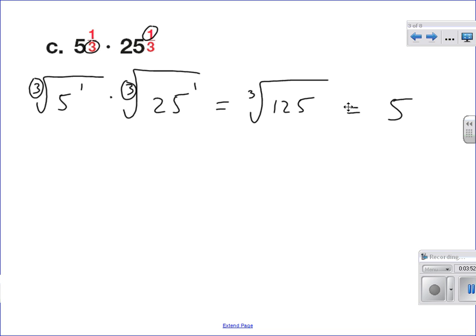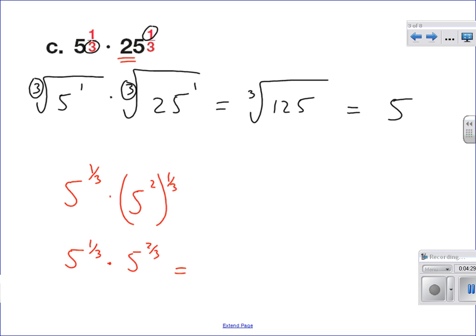Now, alternatively, you could have done this. 25. Let's go ahead and substitute for 25. Okay, what power of 5 is 25? That's 5 squared. So 5 squared goes in for 25 right here, and the 1/3 comes along. Since I know my properties of exponents, I know this stays the same. 5 to the 1/3 times 5 to the 2 times 1/3 is 2/3.